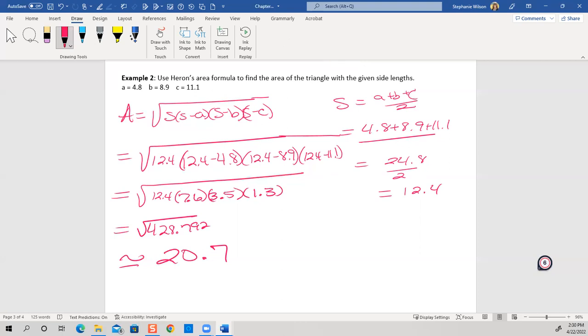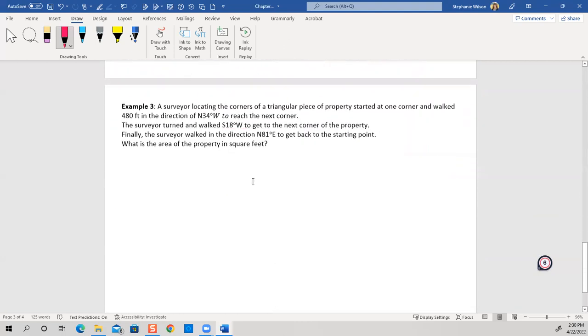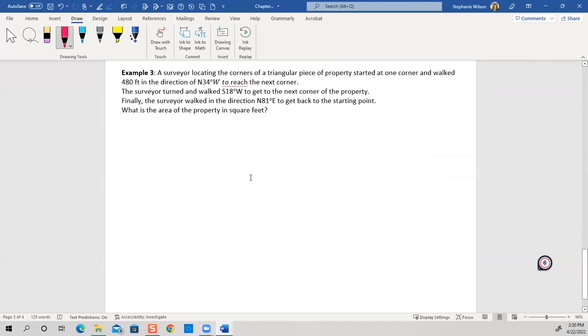All right, so now let's go to our next one. A surveyor locating the corners of a triangular piece of property started at one corner and walked 480 feet in the direction of north 34 degrees west to reach the next corner.